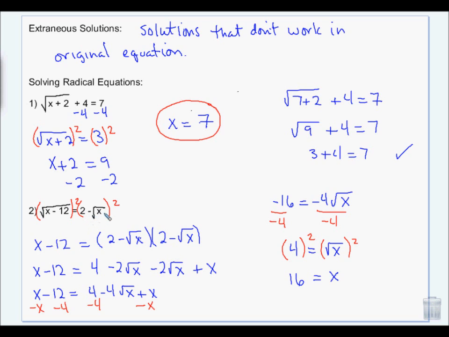So that's 2 minus 4, which is -2. Is that true? No. So I end up with 2 equals negative 2. That's not true.